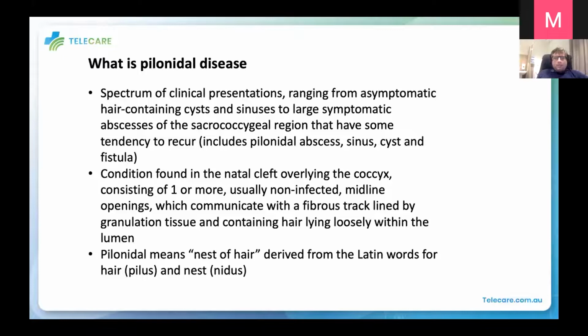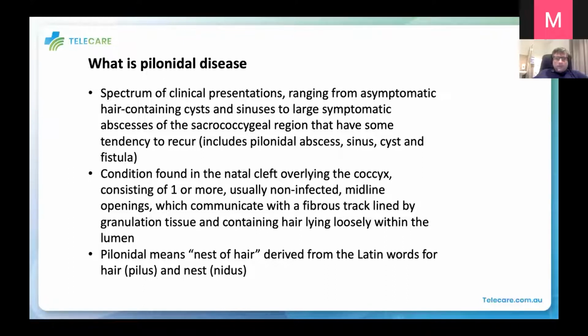Pilonidal disease is really a spectrum of conditions. Some patients who have this don't have any symptoms, but do have these cystic or sinus-like structures deep to the sacral skin that contain hair. That can then lead to abscess, sinus, and fistula formation.